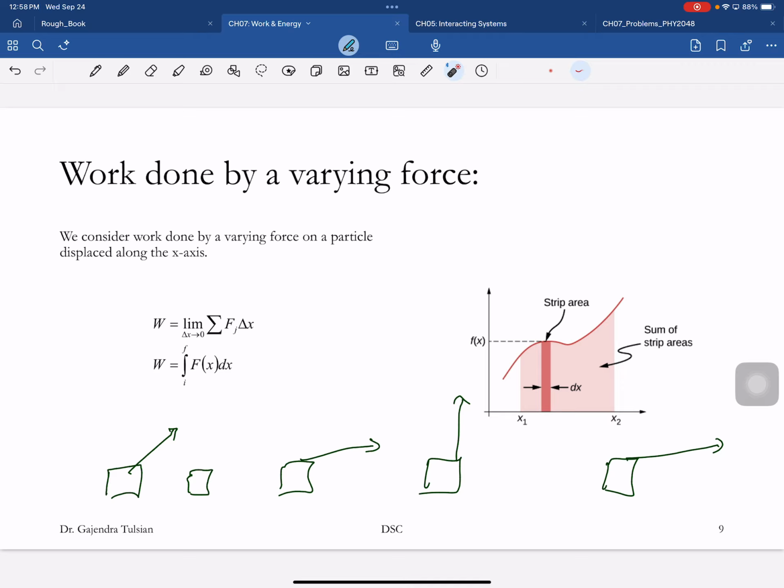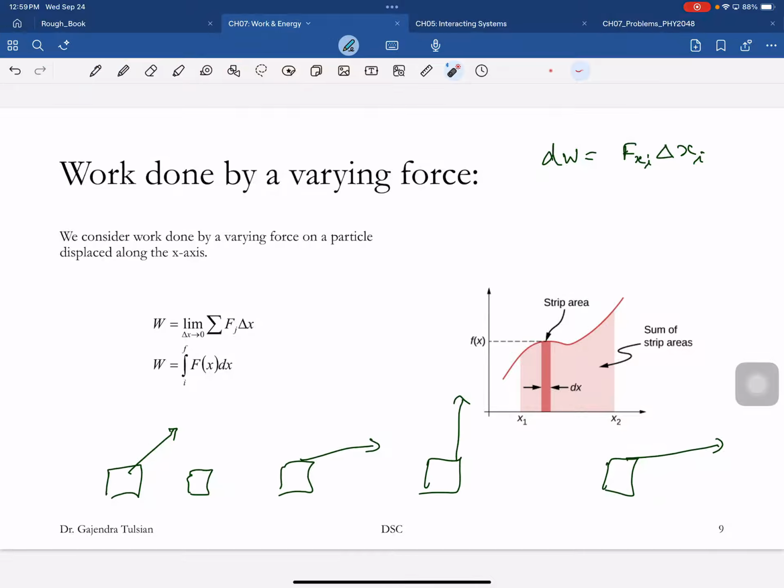What was the work done in a small segment? It was the component of the force along the displacement times the displacement. And we'll call it i. i labels the displacement.